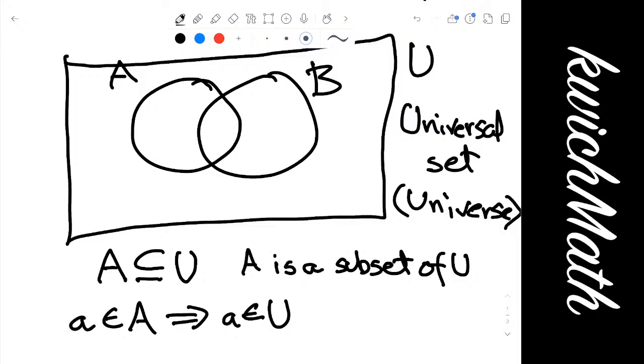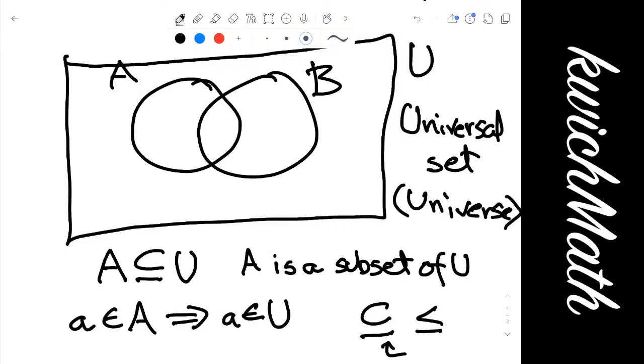Right. And if you look at the inclusion sign like this, you can see there is this horizontal line on the bottom, the same as if you were writing less than or equal to. It means that there can also be equality. Right?